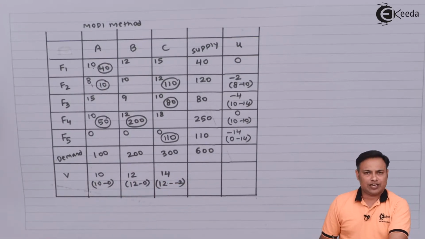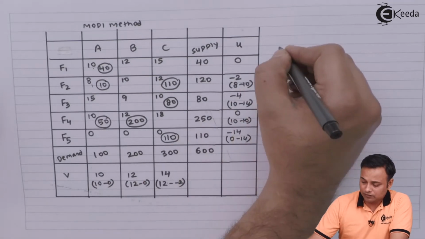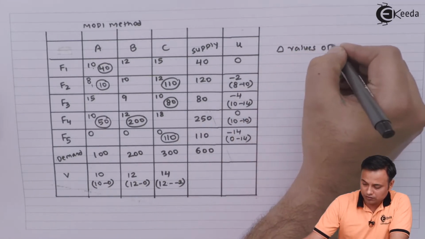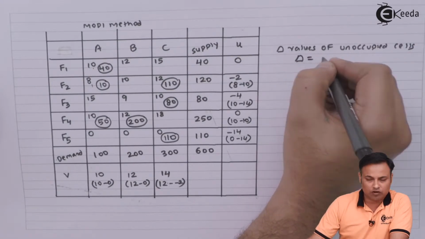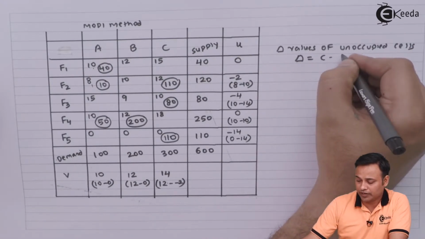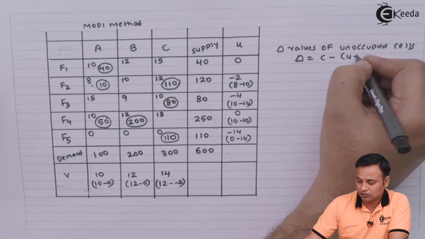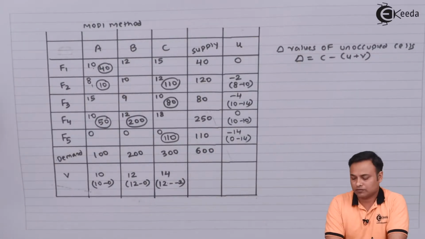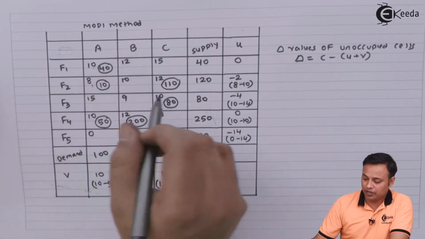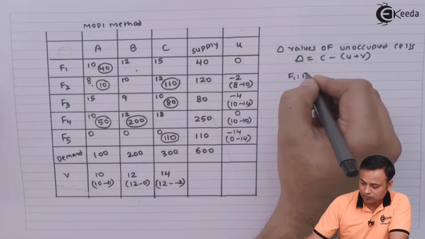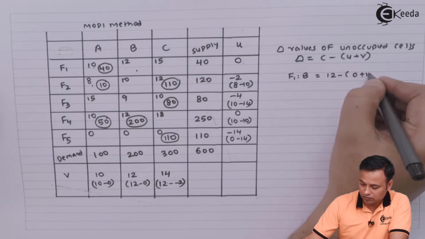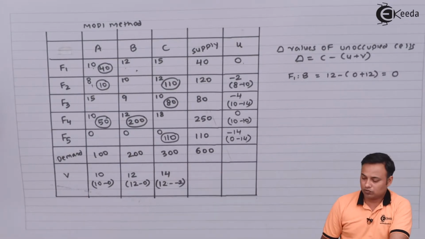I will calculate the delta values for the unoccupied cells. We have a formula: delta is equal to cost minus u plus v. So for F1B, it will be 12 minus 0 plus 12, which is 0.